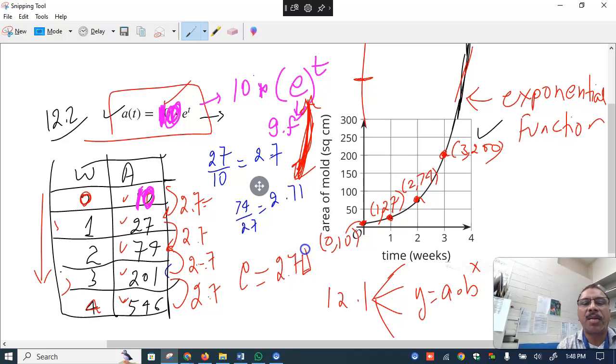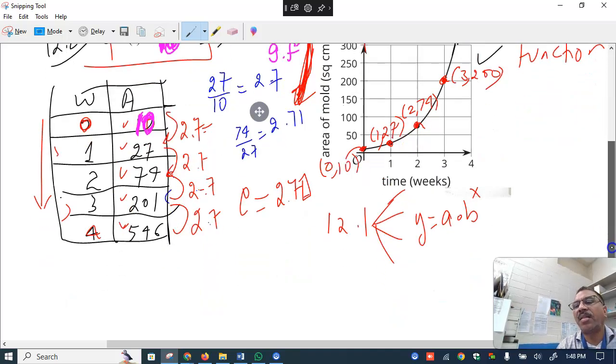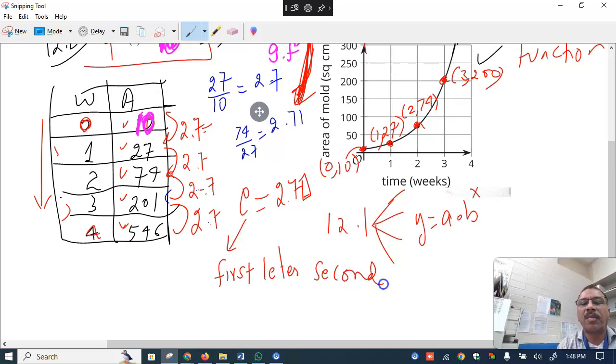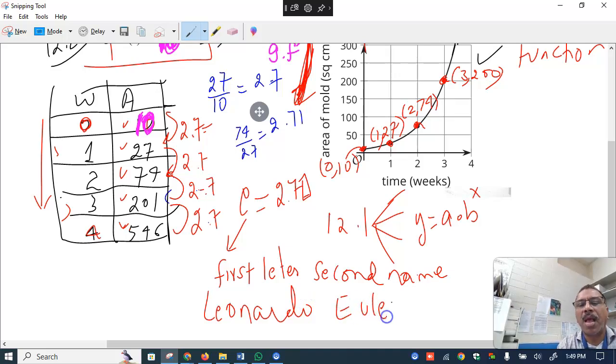We don't know what that is, but we will see that this e basically is the first letter of the second name of a mathematician. I think it's the 17th century, a mathematician. His name was Leonhard Euler. So in his name, this e starts there.